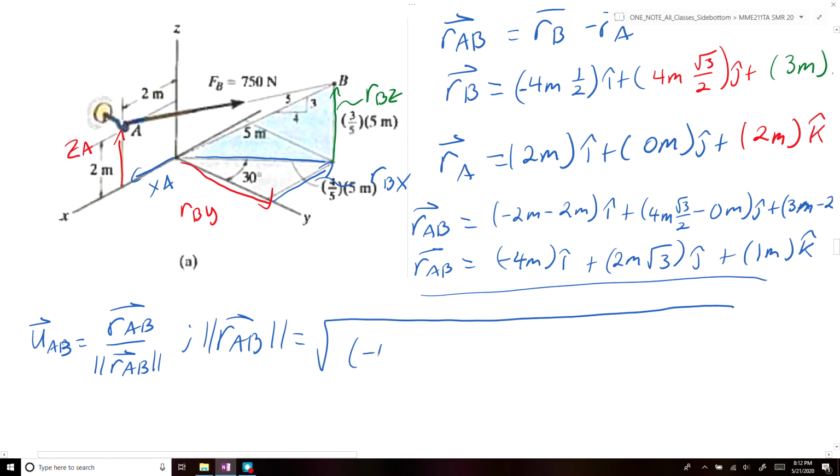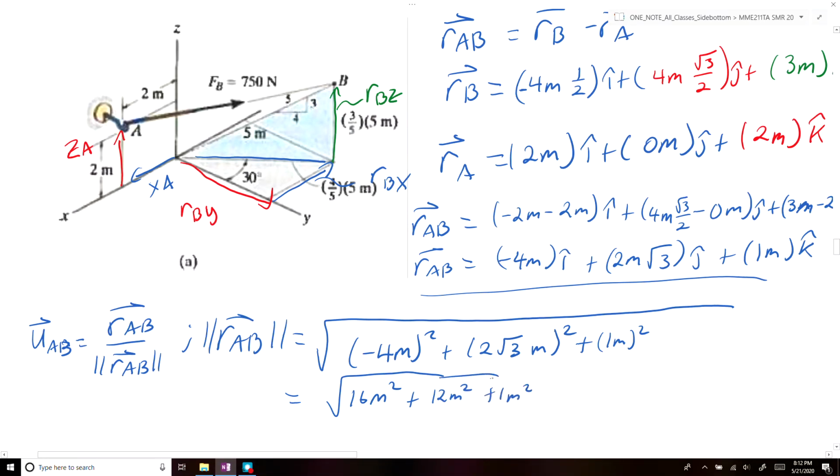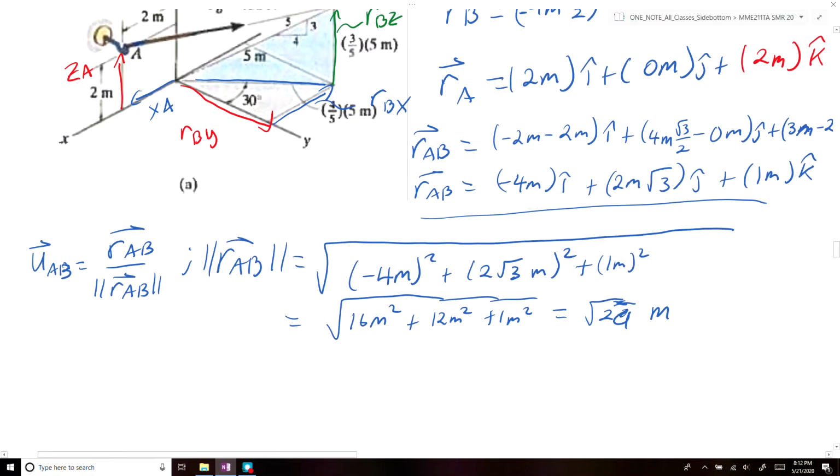So we do minus 4 meters squared plus 2 radical 3 meters squared plus 1 meter squared. If we add that all up, we get 16 meters squared plus 4 times 3, which is 12 meters squared, plus 1 meter squared, which is a nice ugly radical 29 meters. Then we can divide our x, y, and z components by radical 29 to get UAB.